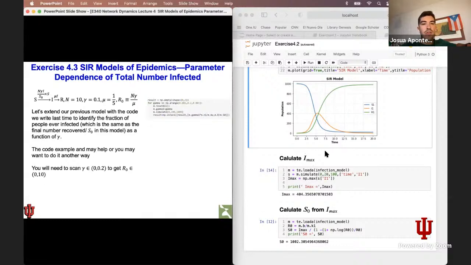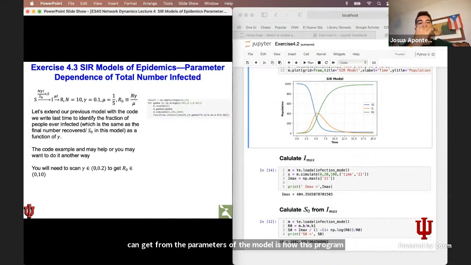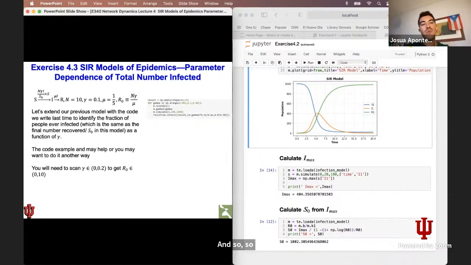So another interesting piece of information that we can get from the parameters of the SIR model is how these parameters determine what the final number of infected, or the total number of infected individuals, is in the SIR epidemic. To get that, we need to vary our R0 parameter.